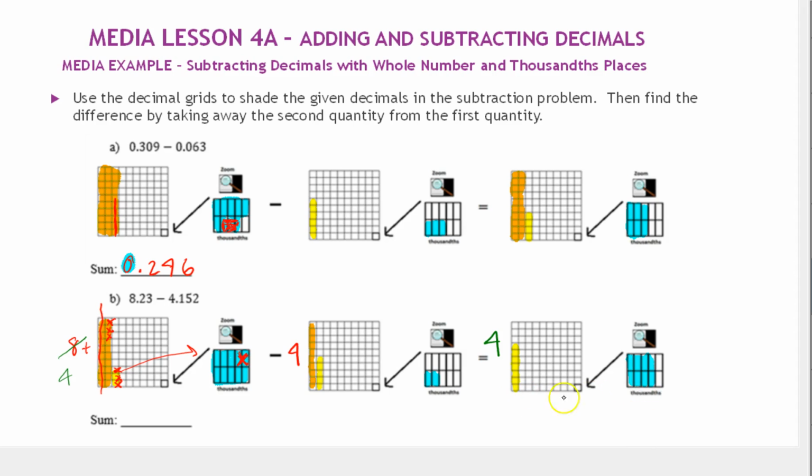So this is our final result. 4 ones, 0 tenths, 7 hundredths, and 8 thousandths. So let's write that as a number. 4 ones, point, 0 orange strips, 7 hundredths, and 8 thousandths. So we have 4.078.